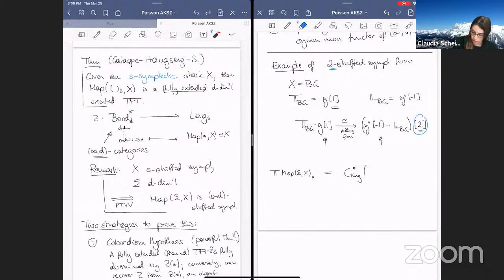Oh, I wanted to take the example BG here. Sigma BG. And then we just get the singular cochains here.